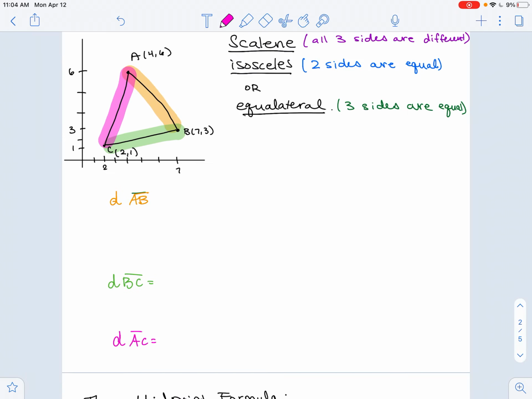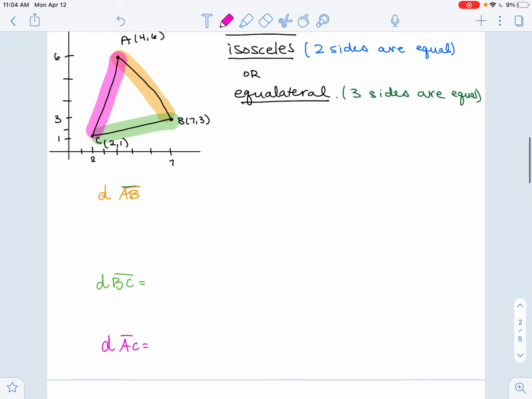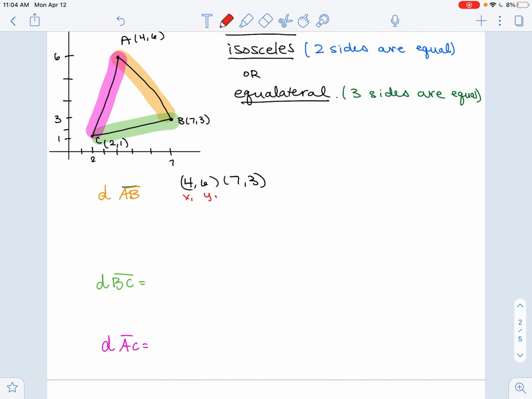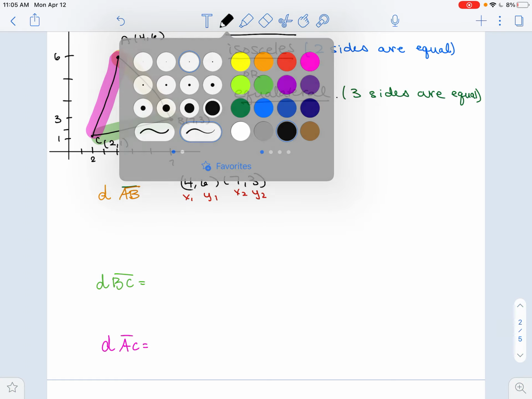So the first thing we want to do is make sure that we know what we're setting things up as, right? So I know from A to B, the points are 4, 6, and 7, 3. And again, just like I did before, I'm going to label these x1, y1, x2, y2. And I'm going to plug those into the formula.